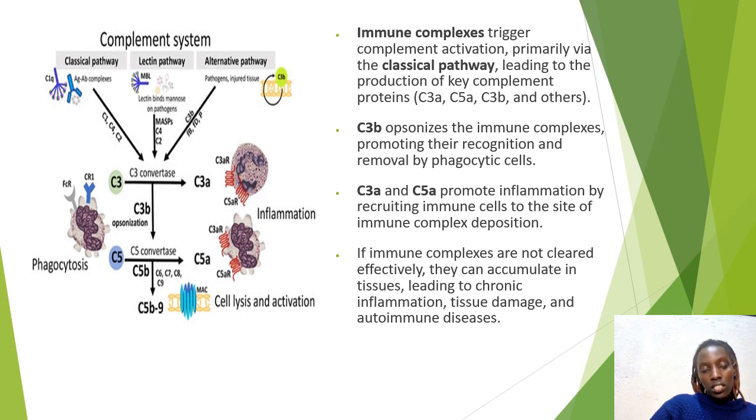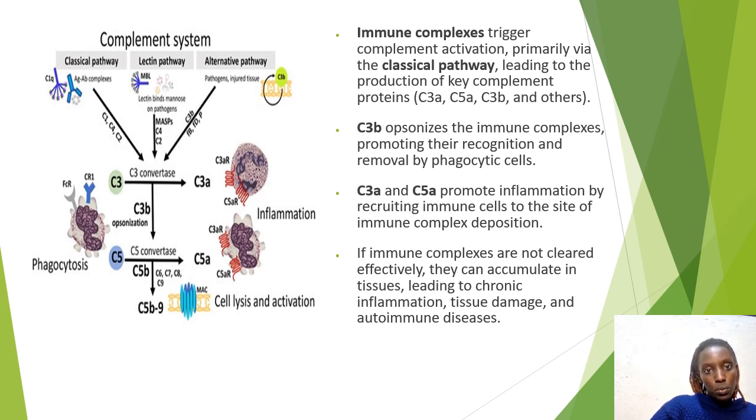Here there is a diagram that helps us understand how immune complexes interact with the immune system. Immune complexes trigger complement activation via the classical pathway, leading to the production of key complement proteins, which are C3a, C3b, C5a, and others.